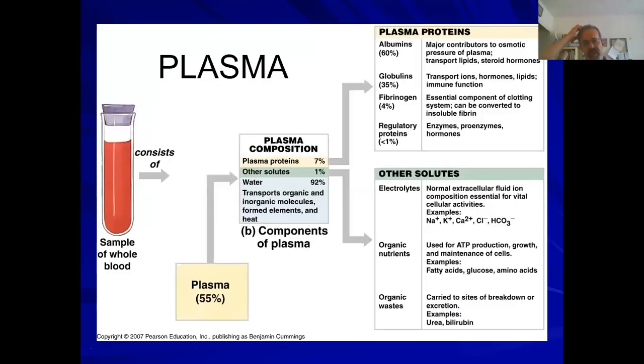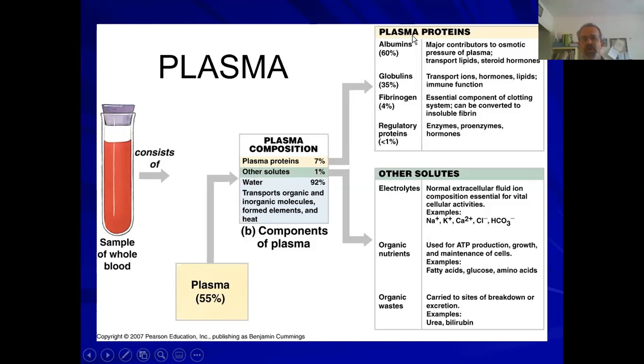To summarize from the last slide, whole blood is divided between plasma, at roughly 55 to 58%, which is primarily composed of plasma proteins, some solutes, and inorganic and organic molecules, which you can see are divided into these different categories.